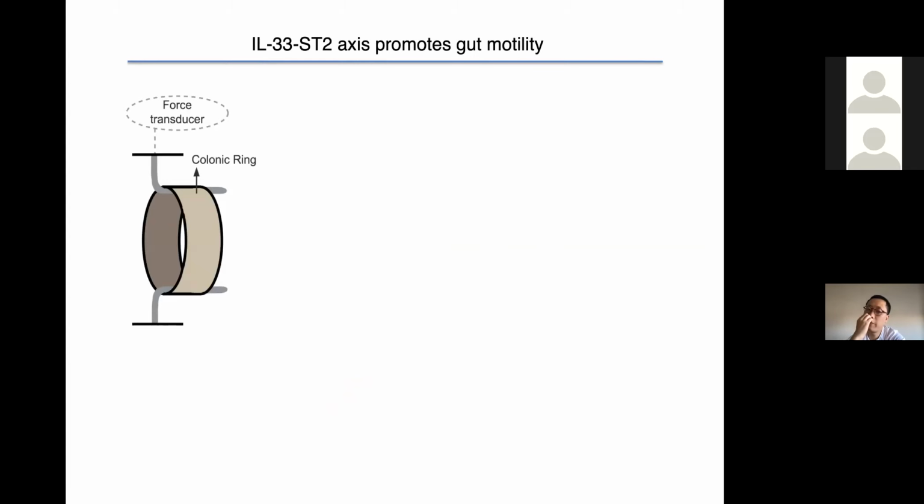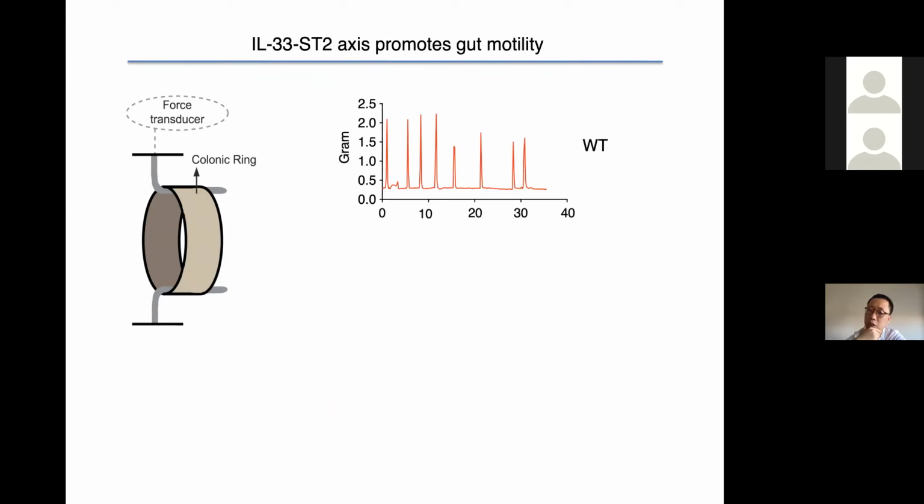And then, using an in vitro assay with this organ-based system, we can take the gut tissue out of the mouse and do a simultaneous autonomous contraction assay in vitro. In this case, every single peak represents a one-time contraction of the gut in vitro.